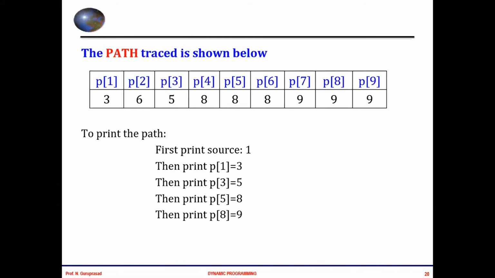Hold on. Right? Now, is 9 your destination vertex? Yes, your 9 is the destination vertex. That means you stop here. Stop at this point, since 9 is the sink node or destination node. Stop. Now the path will be whatever you have printed.